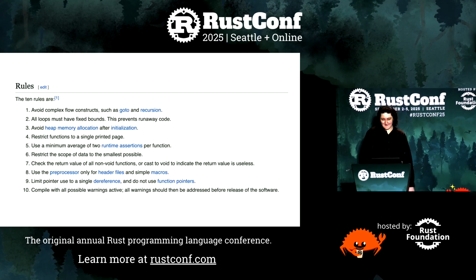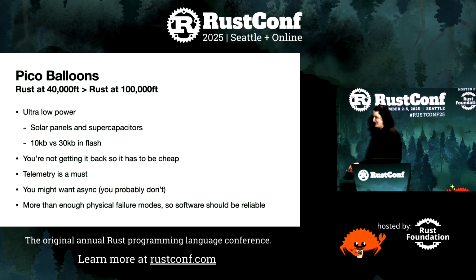So all of that is to say that Rust is very nice for these kinds of projects, but it's not always the right pick. And so my assertion will be that these Pico balloons, Rust at 40,000 feet, might be actually cooler than Rust at 100,000 feet. It lets us circumnavigate the globe, hopefully.